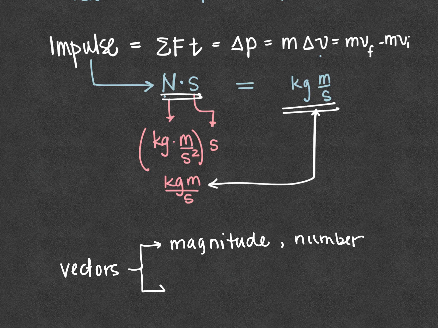And it has a direction. So is it positive or negative, or up or down? Those direction words are important. And so we must also calculate our change in momentum, being very careful about the directions of our forces and our velocities.